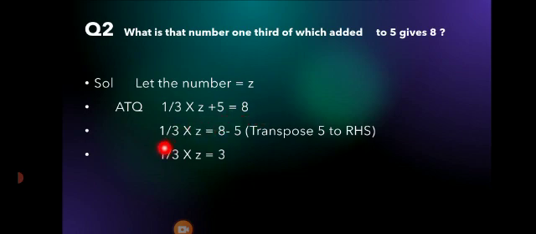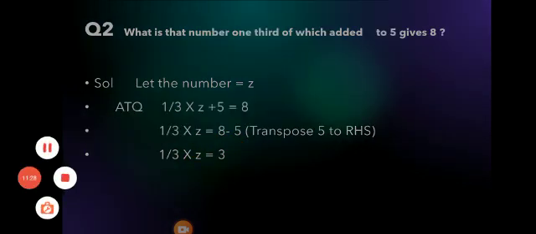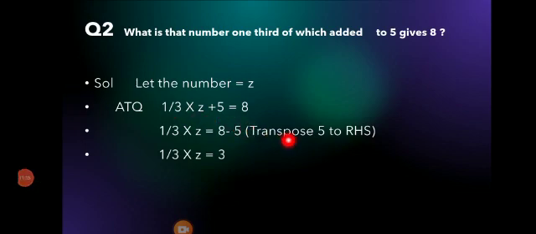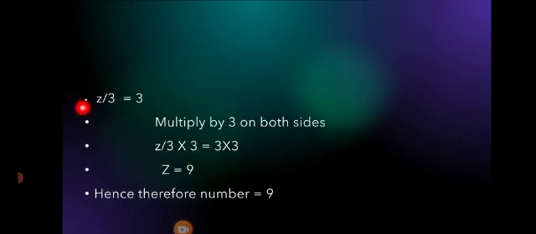That is 1 by 3 multiply z plus 5 equals 8. 5 is a constant term, 8 is also a constant term, so I will transpose 5 to the right hand side, it will become negative. 1 by 3z equals 8 minus 5, that is 1 by 3z equals 3. I can write it as z upon 3 equals 3.